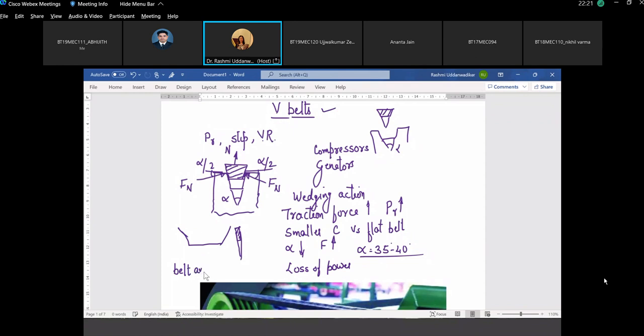Why so? Why this belt angle would be greater than groove angle?